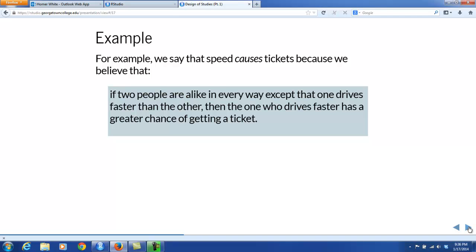And we believe in that situation, not that the person who drives faster definitely will get a ticket, and the one who drives slower definitely will not. But we think there's kind of a distribution in play, that the percent chance of the faster one getting a ticket is larger than the percent chance for the slower one to get a ticket. And so that's the difference in the distribution of ticket for each of the two people that seems to go along with that difference in their speed.